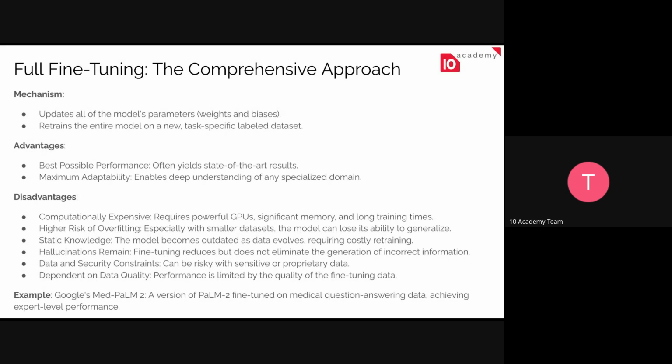For full fine-tuning, as the name implies, it's just updating all of the model's parameters, not just some, but all of the parameters, which are weights and biases, and retraining the entire model on a new task-specific labeled dataset. So changing every parameter of the model is one method.